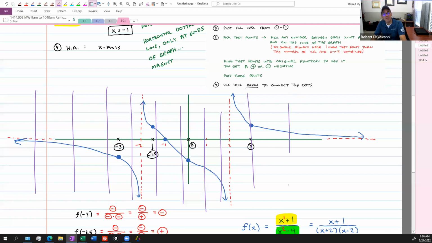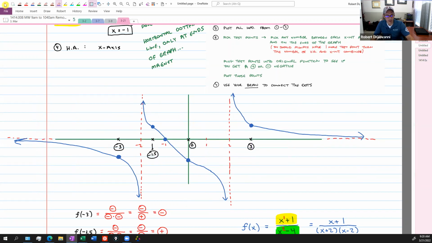Okay, so you can see very clearly that I have a function here, right? It passes the vertical line test. So just make sure you have that. I've seen students do weird stuff before where they start curling things back around, they'll just do weird stuff sometimes. So just remember that it has to still be a function at the end.